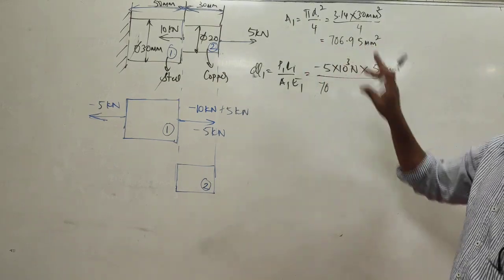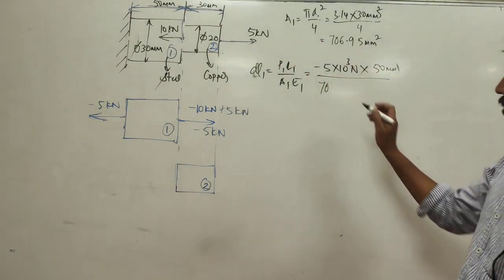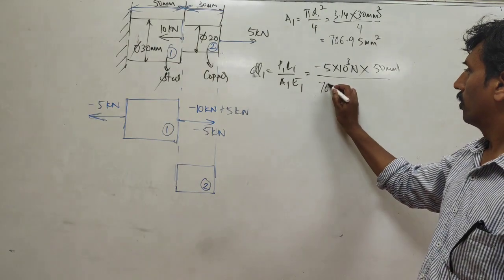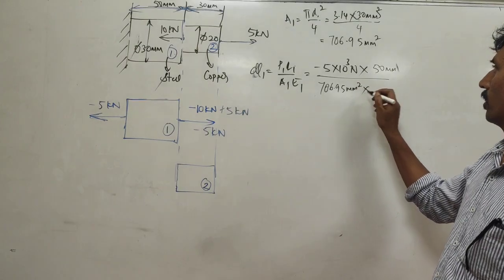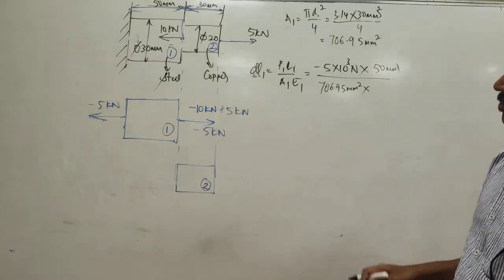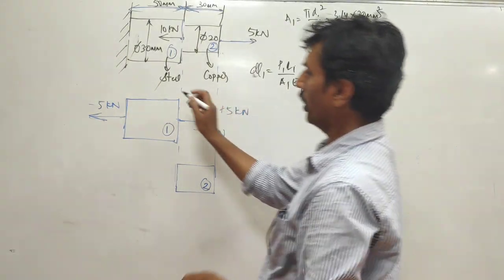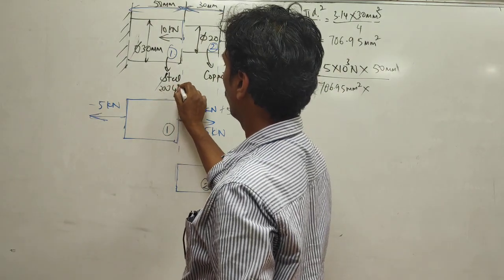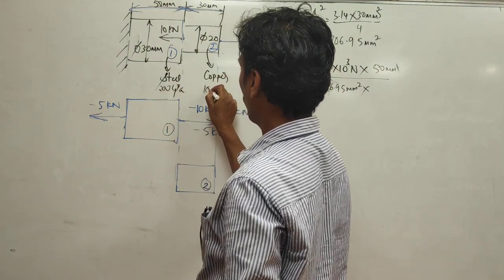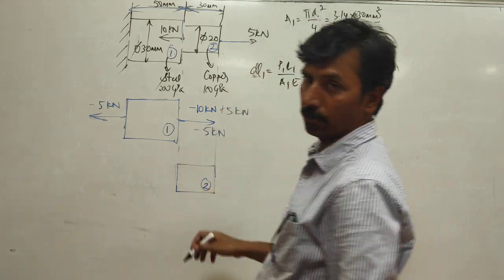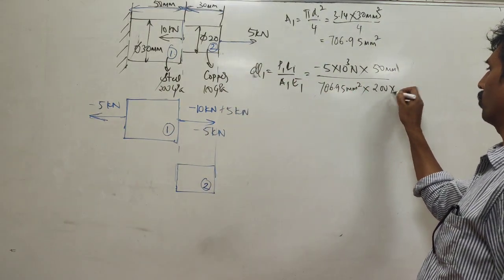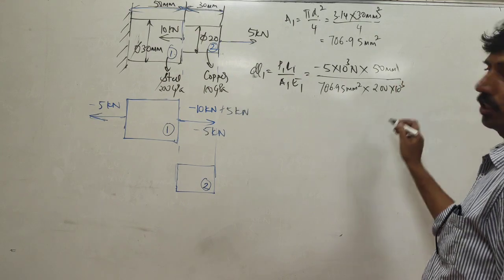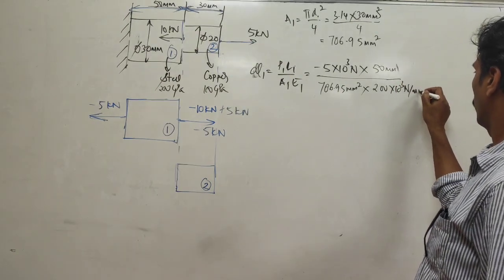So I have done this: 706.95 mm square, multiplied by E1. E1 is for steel. For steel, usually 200 GPa is given, and for copper, 100 GPa is given. So 200 GPa is 200 into 10 to the power of 3 Newton per mm square.